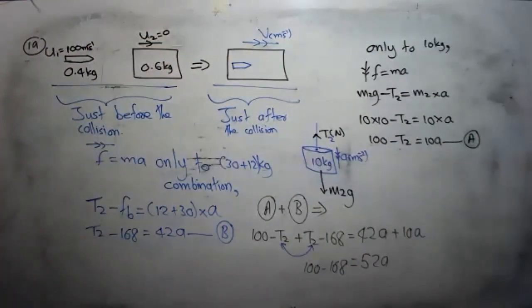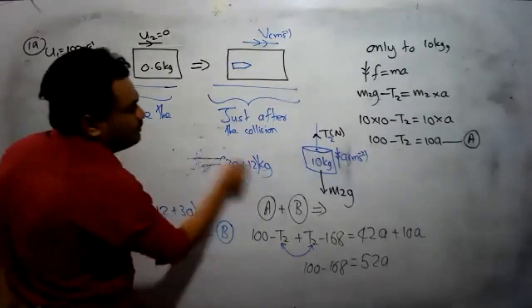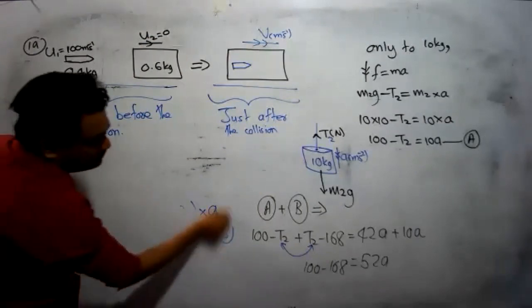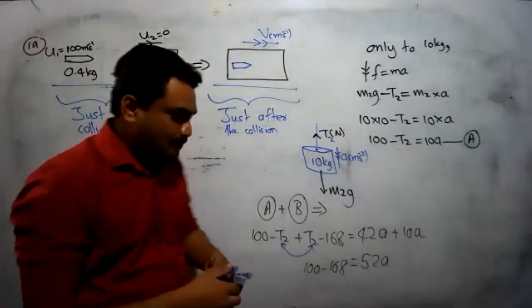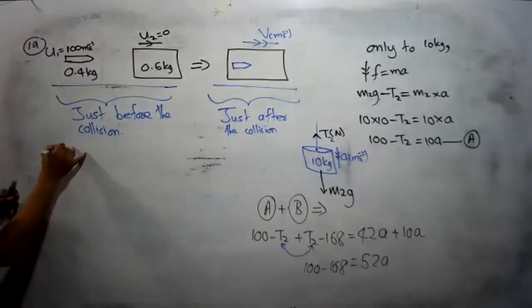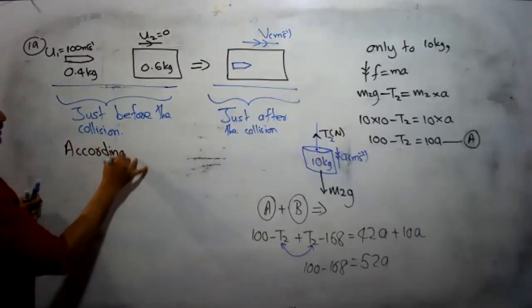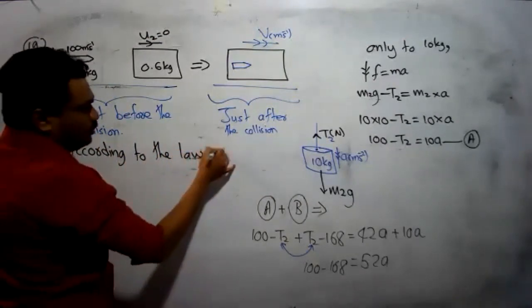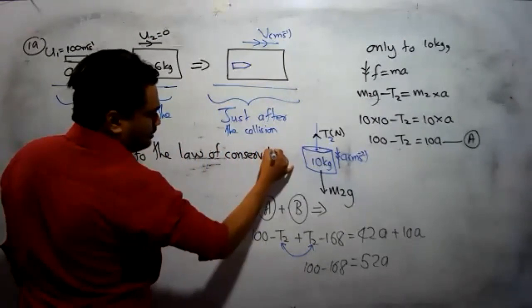So what should we do to find this velocity here? What's the law that we should apply here? The law of conservation of momentum. Very good. So let's apply it.